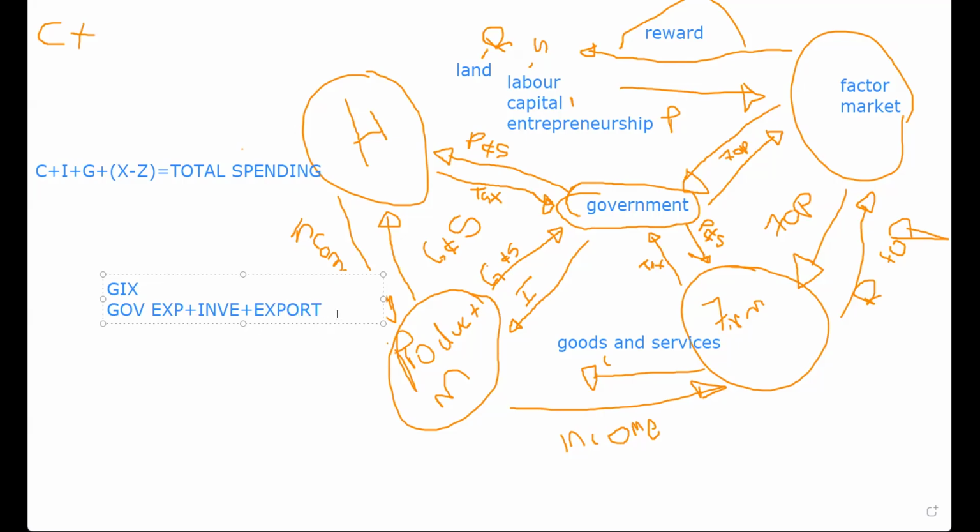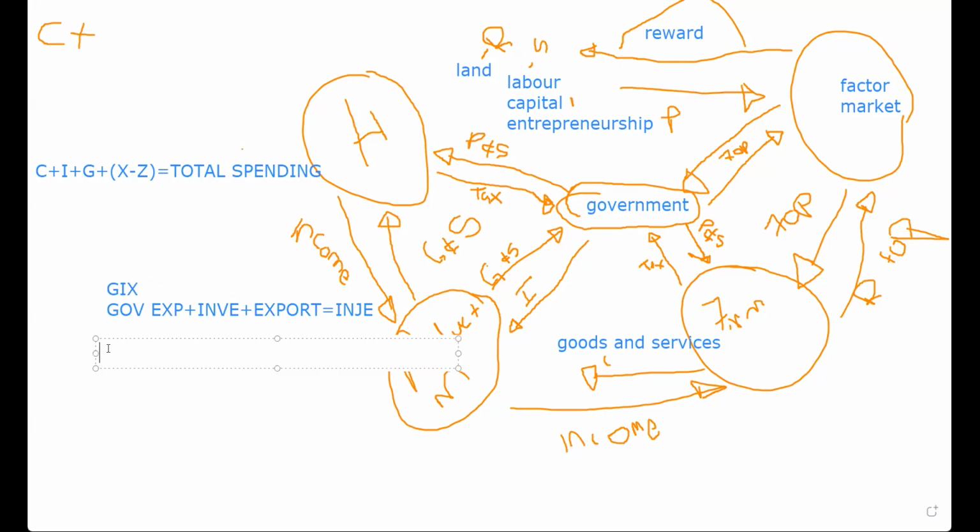Government expenditure is the government spending in the economy; investment is you investing money by buying capital goods; and exports, we're selling goods to the rest of the world, so the rest of the world is buying from us. So that is an injection in the economy. And then the other one obviously becomes a leakage.